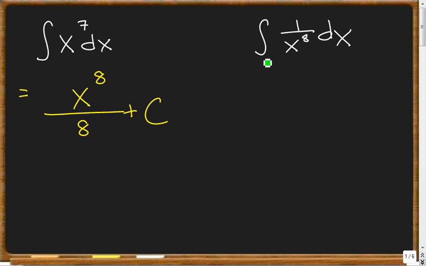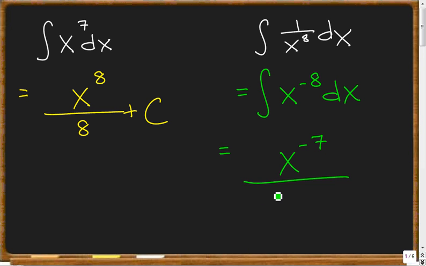Second one over here, we have 1 over x to the 8th. It looks a little bit different, so we first need to change this into one that has a negative exponent. This is the same thing as the integral of x to the negative 8 dx. And so we do the same step that we did before. We start off, we have x, we raise it by 1, and be careful: negative 8 goes to negative 7 because we're adding 1 to it.